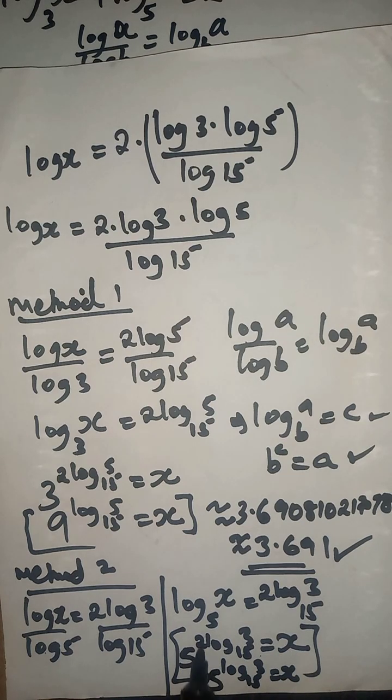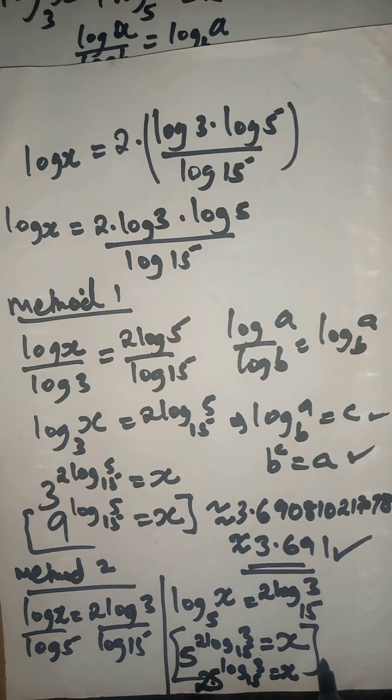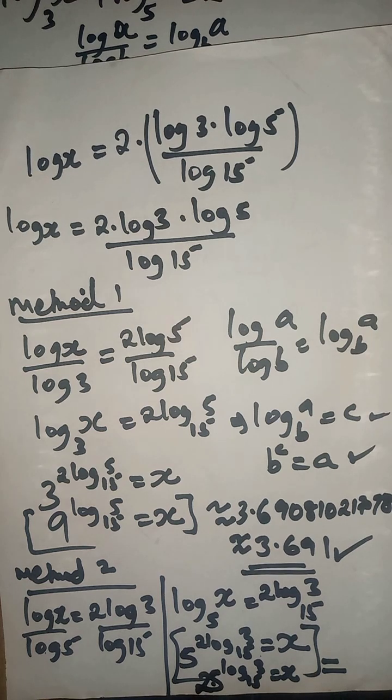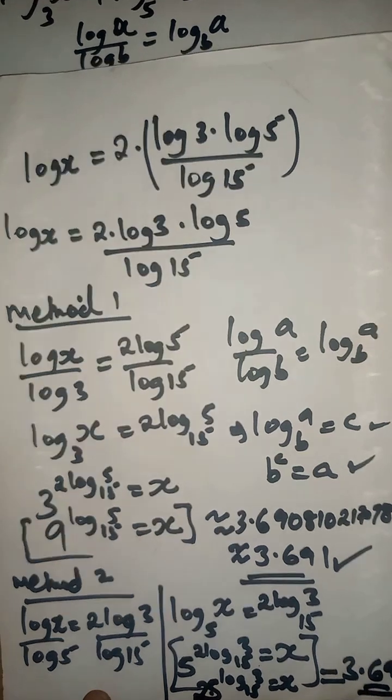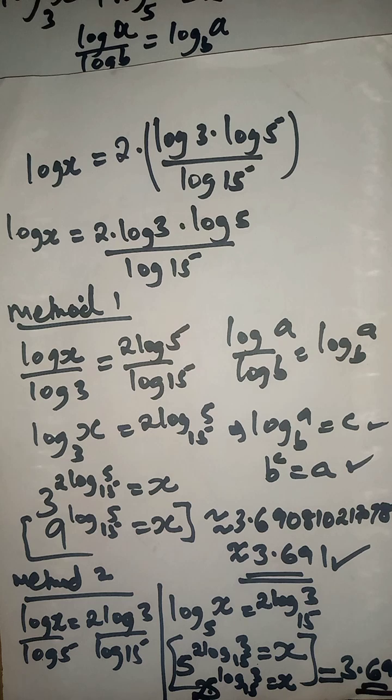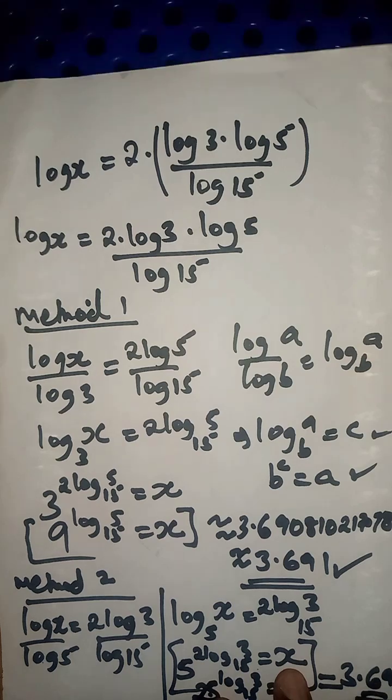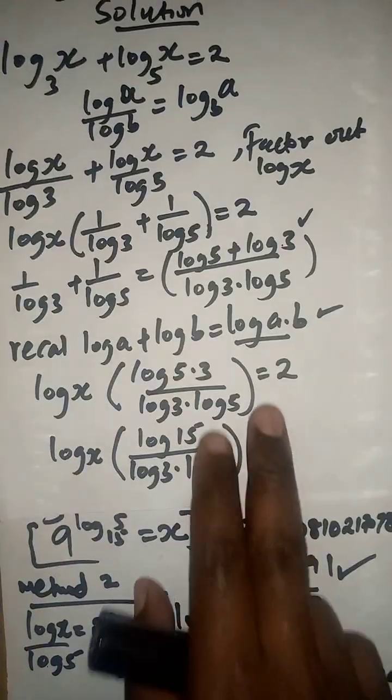When you square 5, you get 25 to the log of 3 base 15, which when I punch it again in my scientific calculator, I'm going to get an approximate value of 3.691 as the answer that is required.